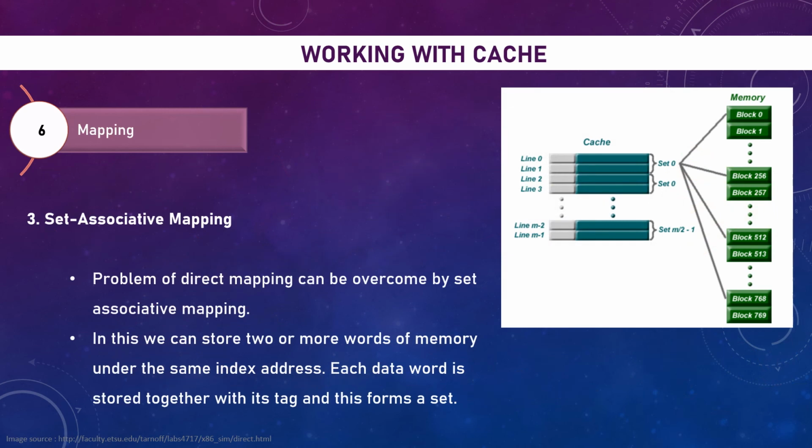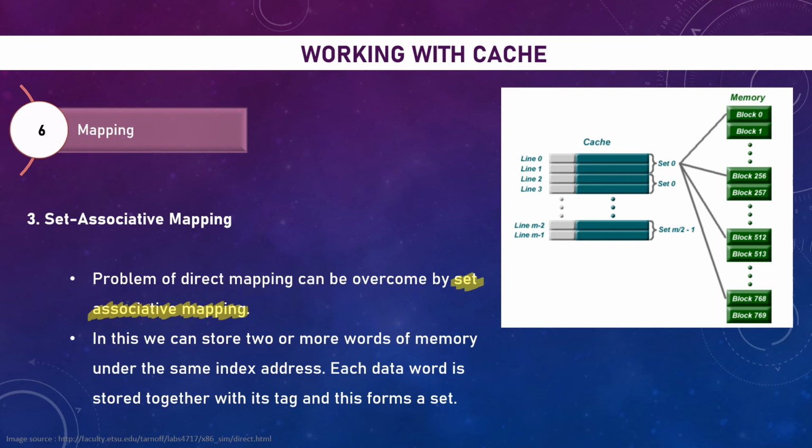So the last mapping technique is set associative mapping. As we have just seen the problem with the direct mapping technique, to solve that problem we have the concept of the set associative mapping.